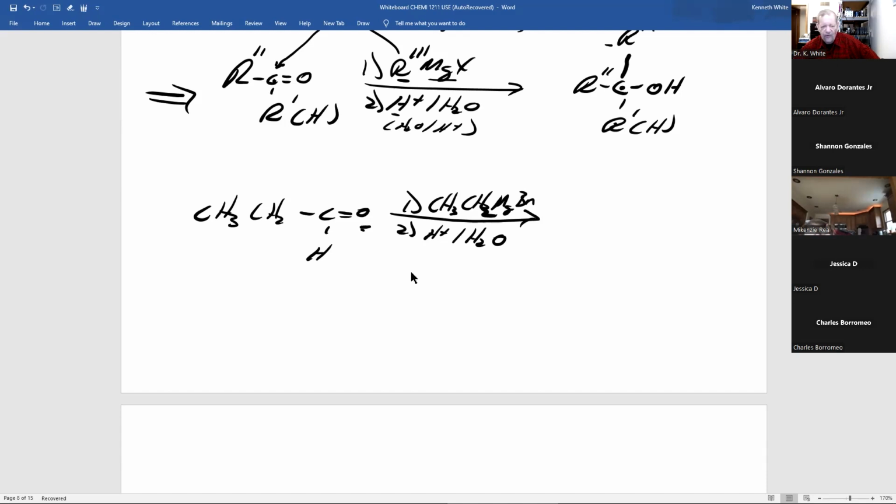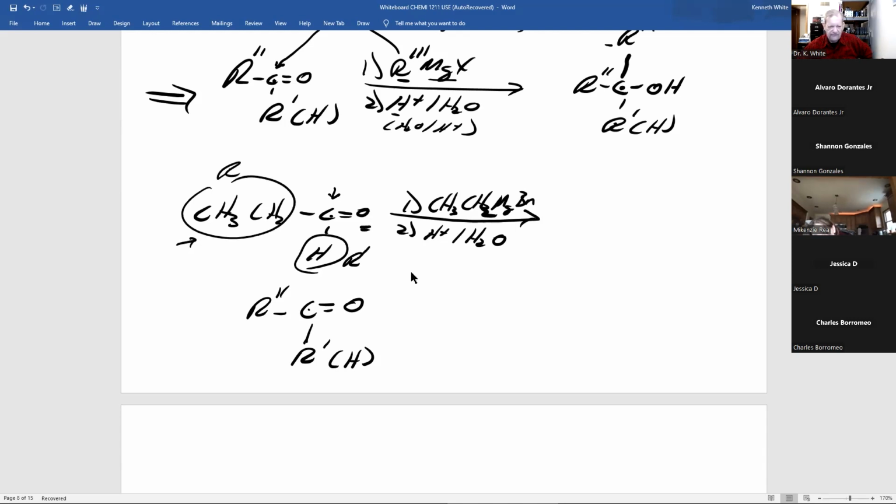What's different? Oxygen bonded to carbon, carbonyl. They have carbons, R prime, but we can also have a hydrogen, and carbons here are R double prime. Excuse me, aldehyde or ketone. In our case, it's an aldehyde, because R prime is hydrogen, R double prime is methyl.